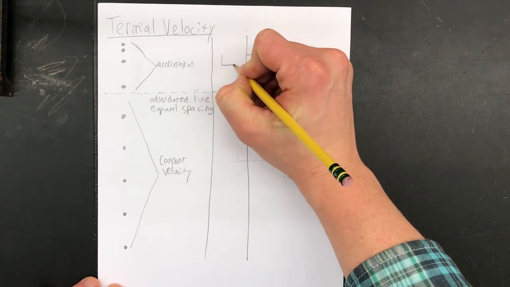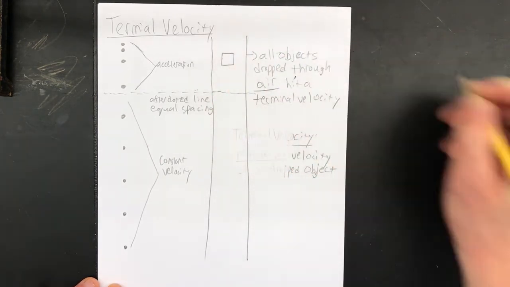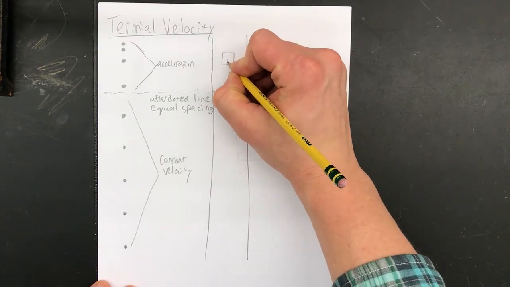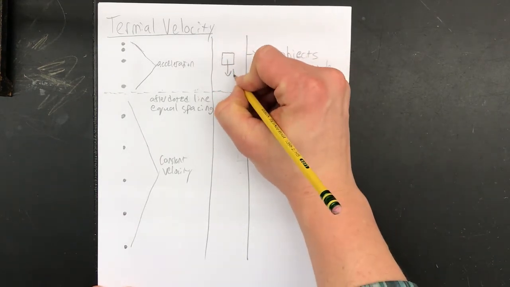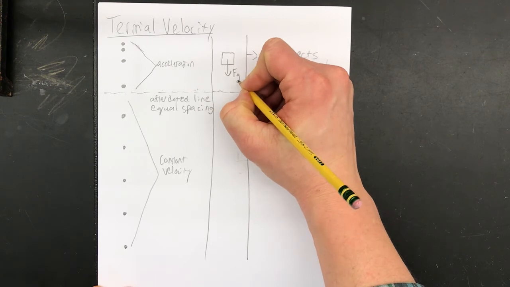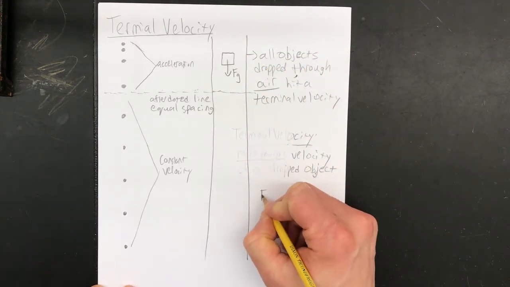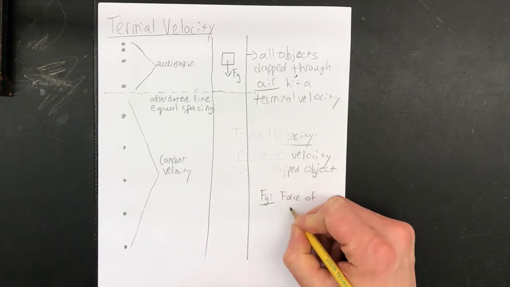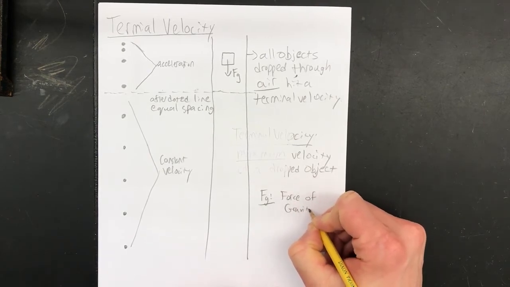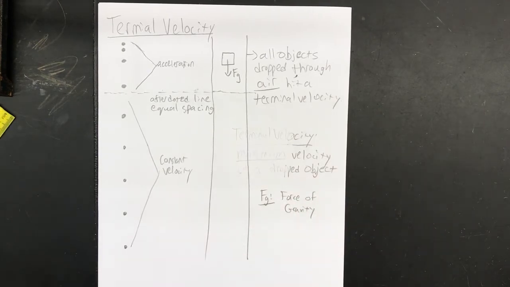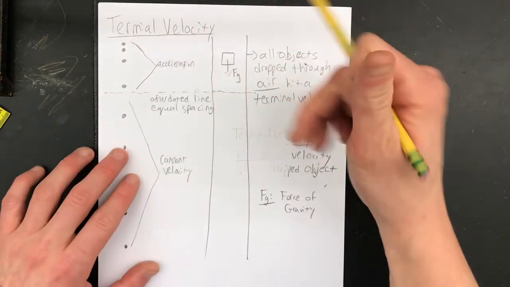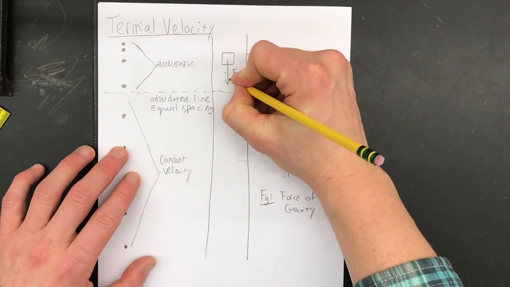So what forces are acting on an object? Well, you watched the video of the skydiver, and there was the green arrow down, which stood for the force of gravity. So Fg. What is Fg? It's the force of gravity. That's the Earth pulling an object downwards towards the Earth. Okay, so I'm gonna make that arrow just a bit longer. You'll see why later.